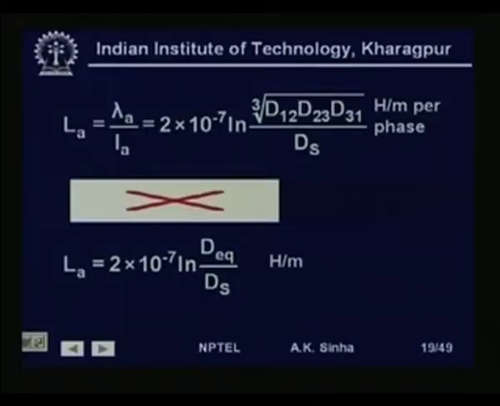Now, if we see the relationship of inductance, we find that the self GMD or the GMR for the conductor is coming in the denominator, and therefore, if we can increase this value, then we can reduce the inductance and therefore, the reactance of the transmission line.